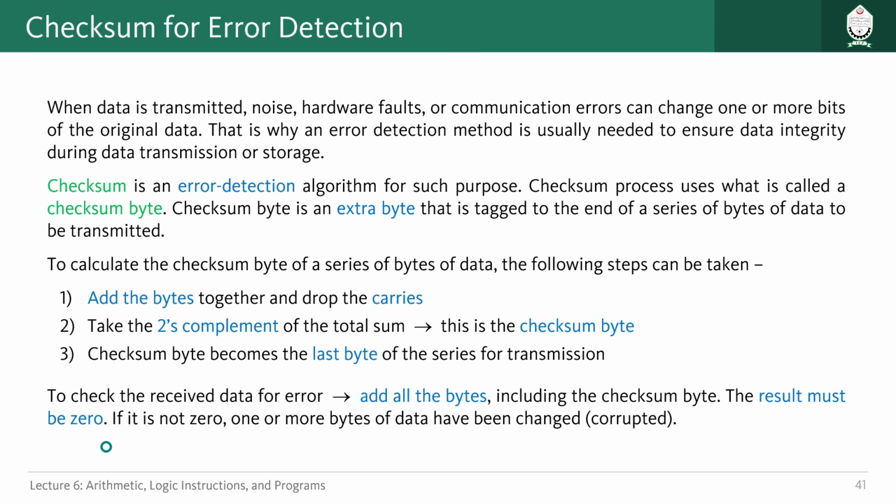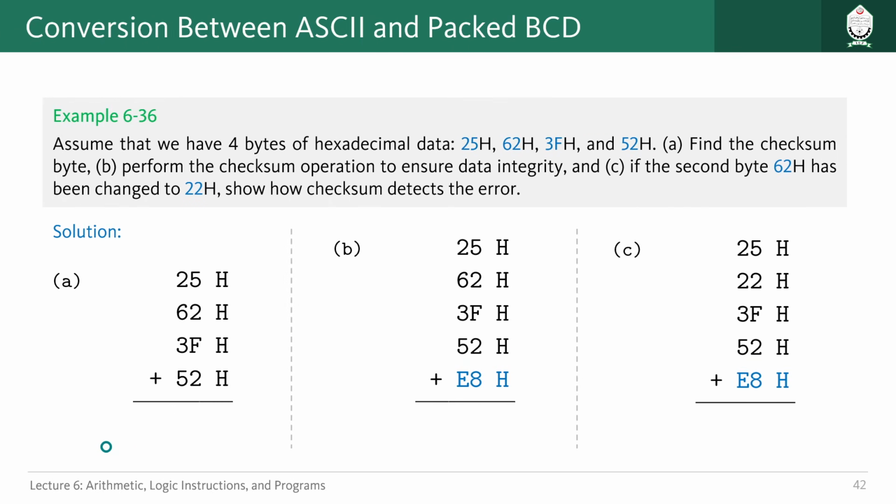Okay, so let us look at one example that will clarify how it works. Here in this example, they are saying, assume that we have 4 bytes of hexadecimal data, these 4 values. We have to find the checksum byte. So first of all, let us try to find that here. This is hexadecimal addition. Just like before, we have to add all the values.